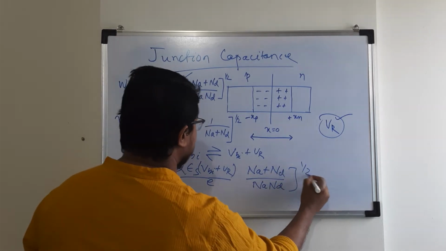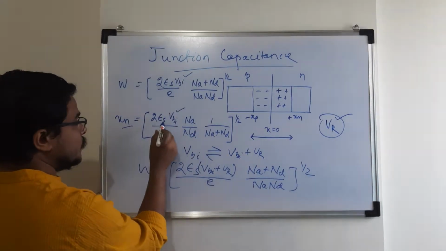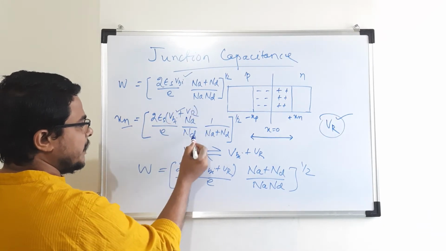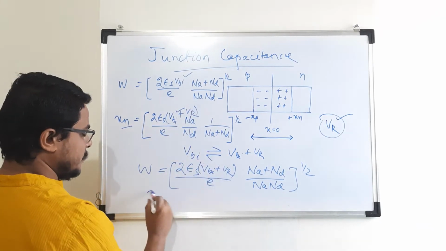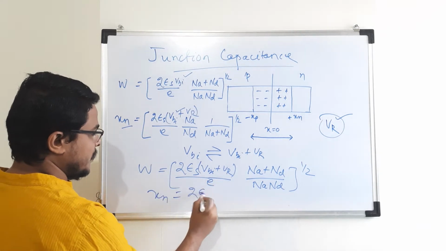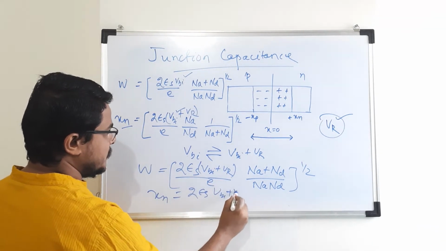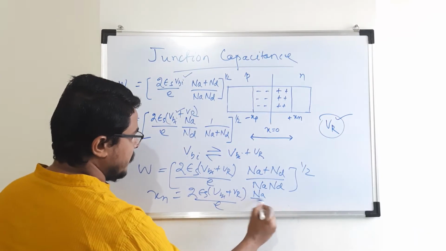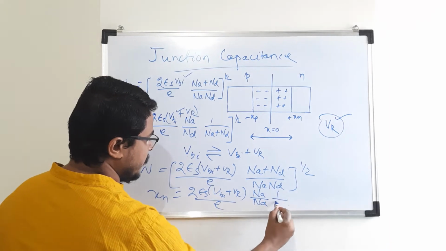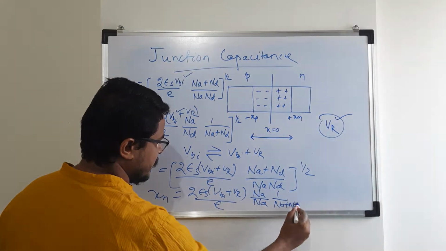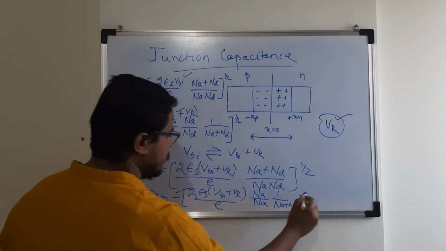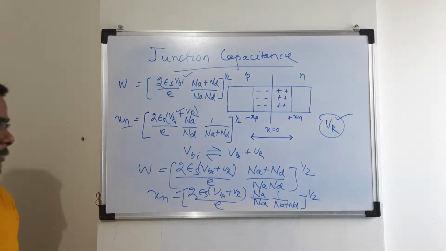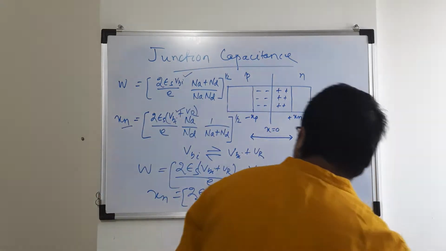Similarly, Xn is 2 epsilon s, VBI plus VR, divided by E, times NA by ND, times 1 by NA plus ND, to the power 1 by 2. Similarly, you can write the expression for xp. These are the two expressions we are going to use while deriving the junction capacitance. Let me tell you how to do that.